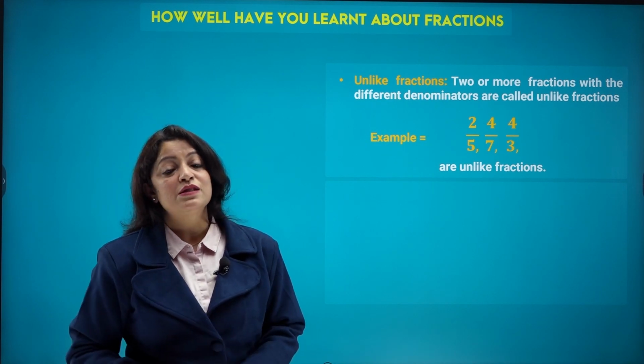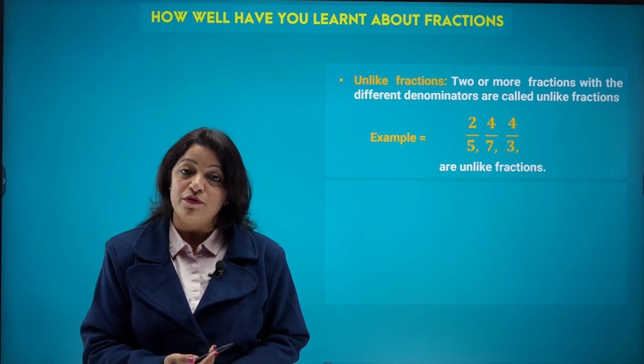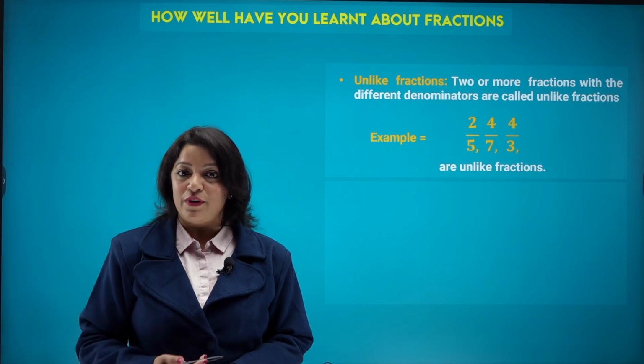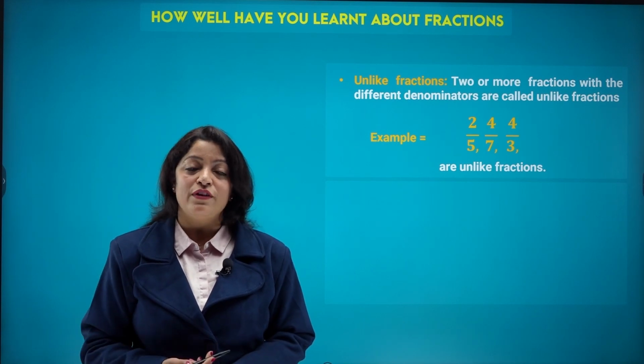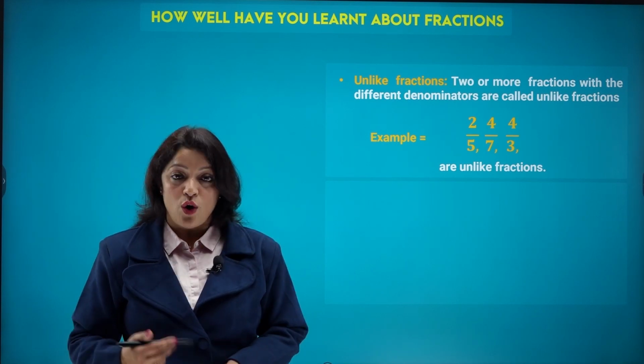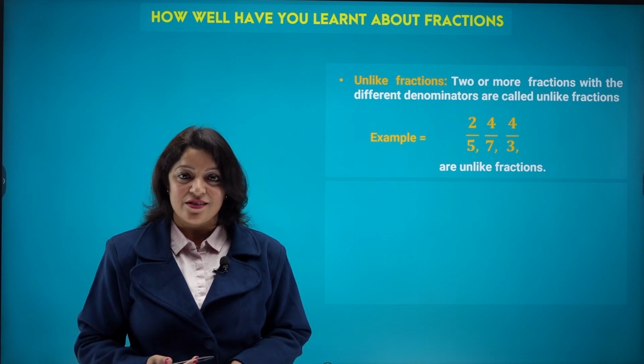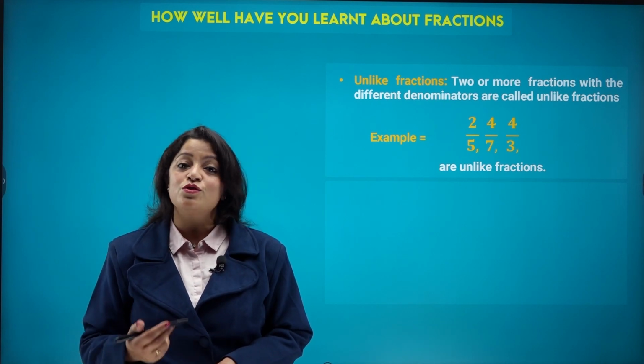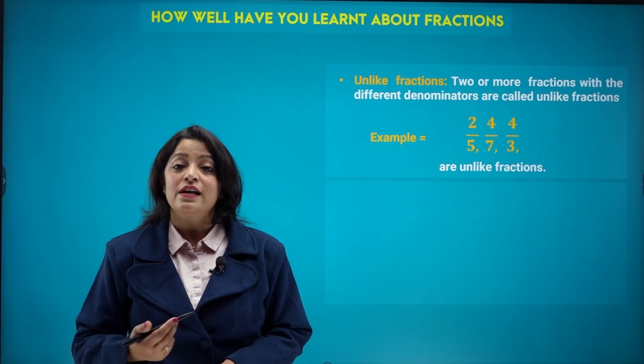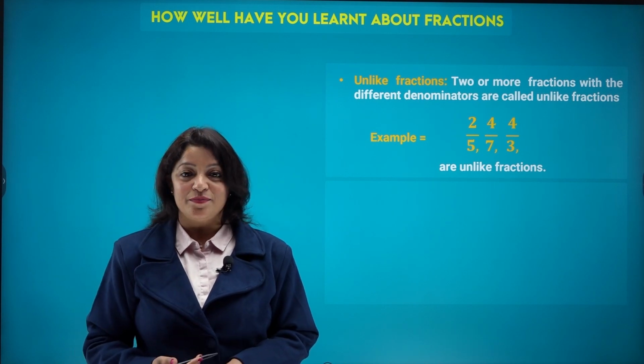Again, this is a mixed bag in which it can be a proper fraction or an improper fraction. They may be like fractions or unlike fractions according to their denominators. We have to check the denominators to find whether the fractions are like or unlike.